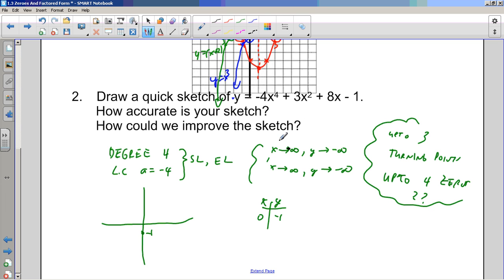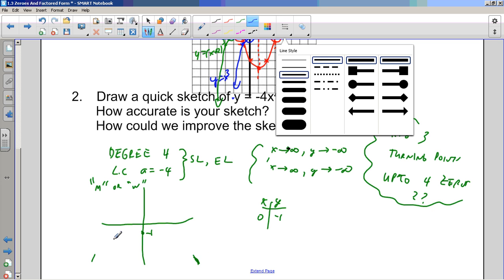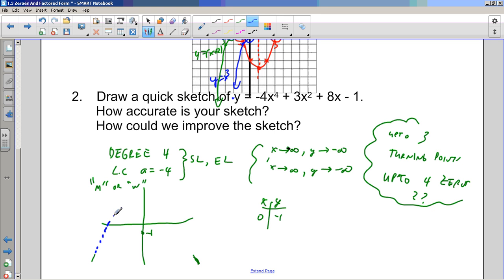I don't know the rest though. Maybe I know the general shape of a degree 4 means it's an M or a W, and I know that it starts low and ends low and goes through that point, but the rest is really just guessing. So the green stuff I know for sure. The rest, who knows? All this dotted stuff is question marks. We don't know. So how accurate is your sketch? Not very.